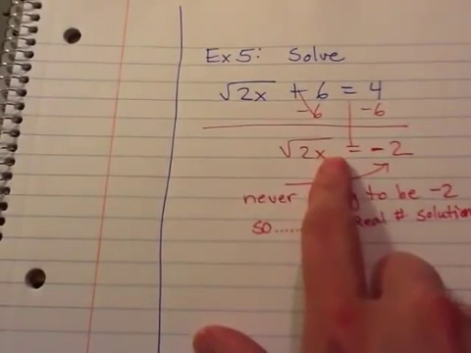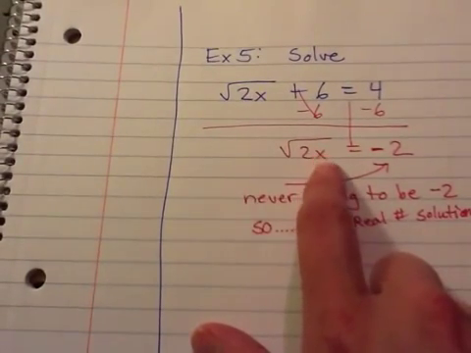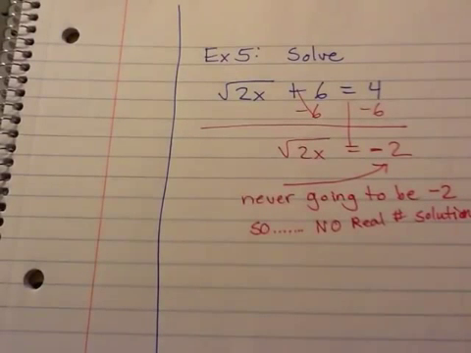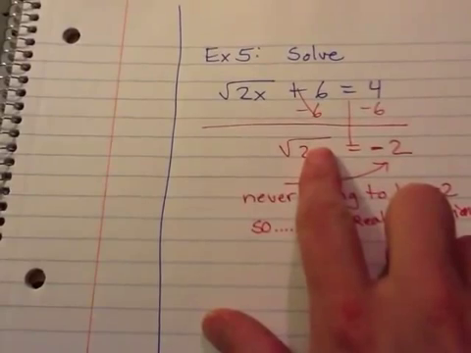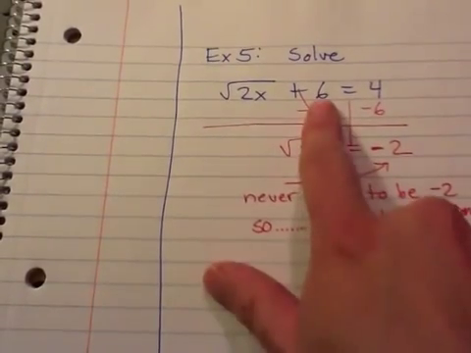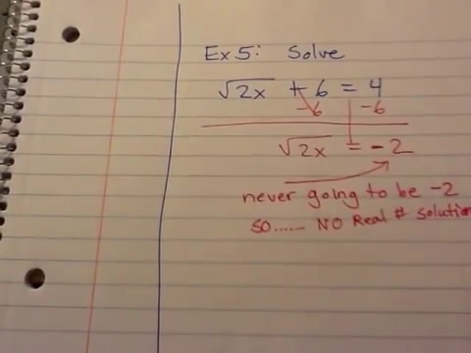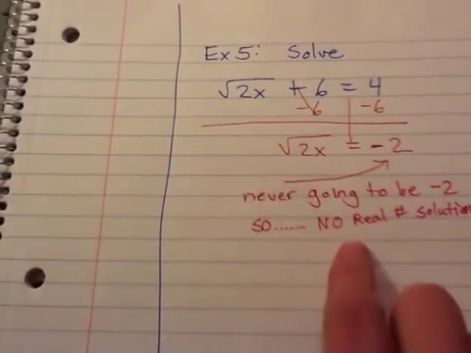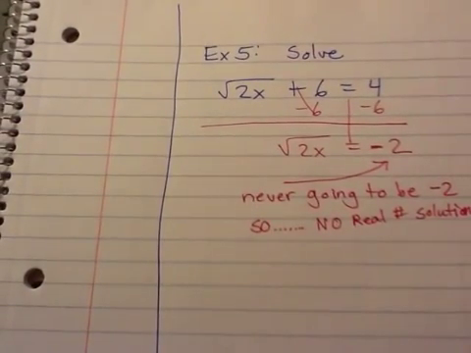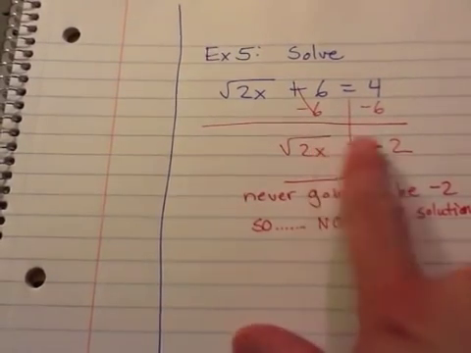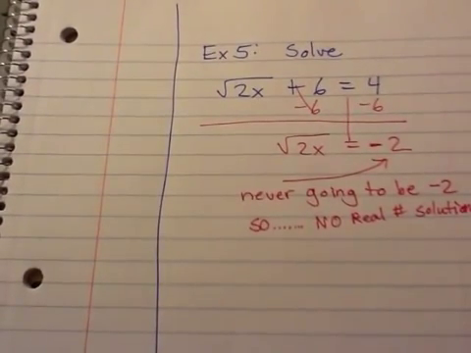When you plug 2 in, you get the square root of 4. Square root of 4 is 2, and 2 plus 6 is not going to be negative 2. So if you wanted to keep going, you could, but when you plug it back in and check it, it's not going to work. So there's no real number solutions as soon as you see that.